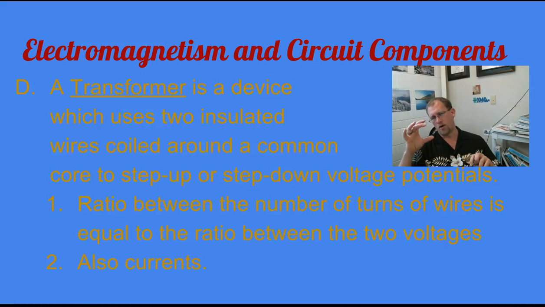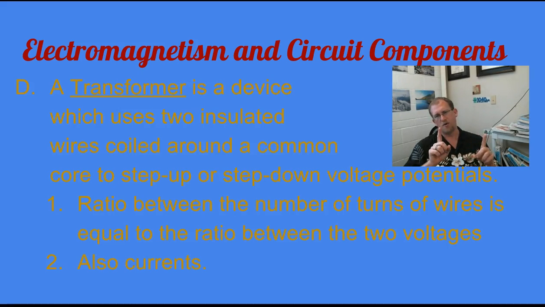So one coil is going to create a magnetic field and cause that ferromagnetic rod to become a magnet, and then that magnetic field will then cause a current in the other coil of wire wrapped around it. We talked about these in physical science. It's been a while though. Let me show you some pictures in just a moment to help you refresh your memory. But it's a magnet with two sets of wires on it.